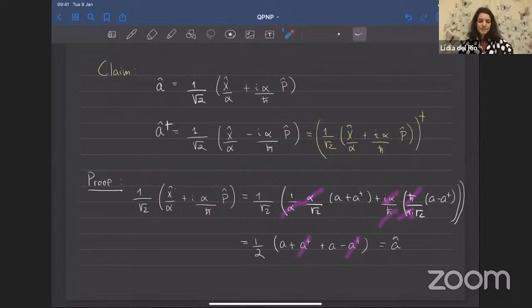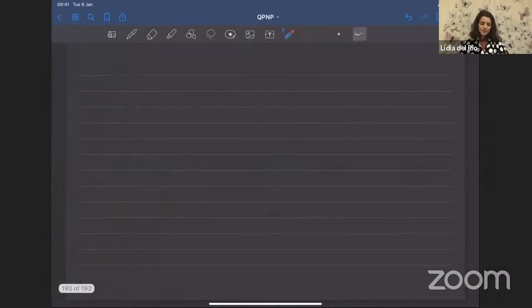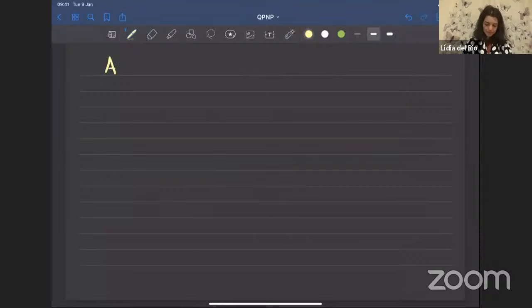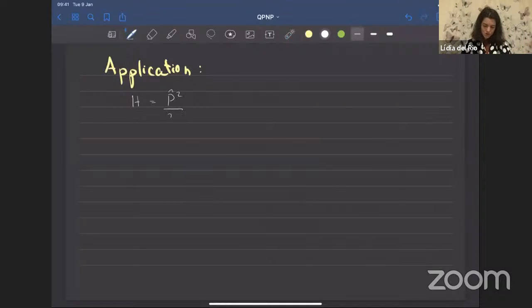So then let's do this. Application. So we had that the Hamiltonian was P squared over 2 mu plus 1/2 of mu omega squared x squared, right?